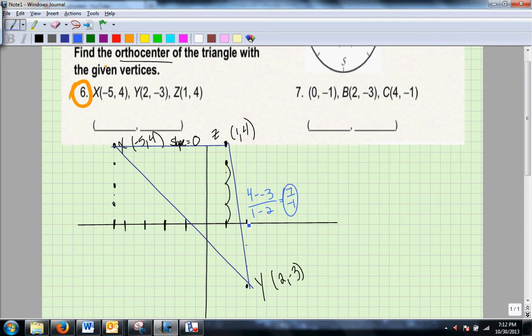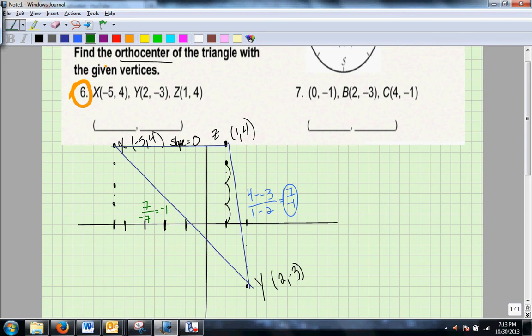So that's the slope of this side. And the slope here is going to be 4 minus negative 3 again. That's going to be positive 7, negative 5 minus 2 over negative 7. Therefore, it is negative 1 to that line.